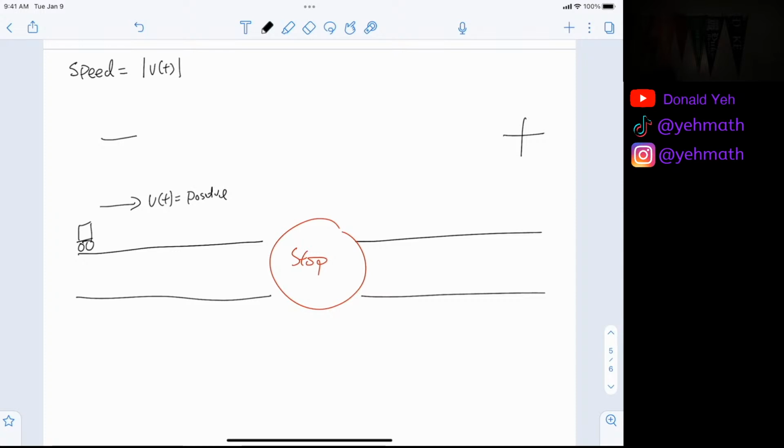When I see the stop sign, what's my acceleration? It's negative, because you're not pressing the gas when you see the stop sign. You press the brake, and the brake pulls your car backwards. That's why you eventually come to zero velocity. So your acceleration is negative. Does that make sense? That's how you come to a stop.